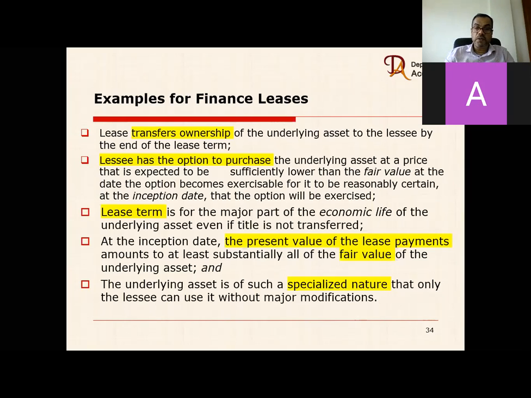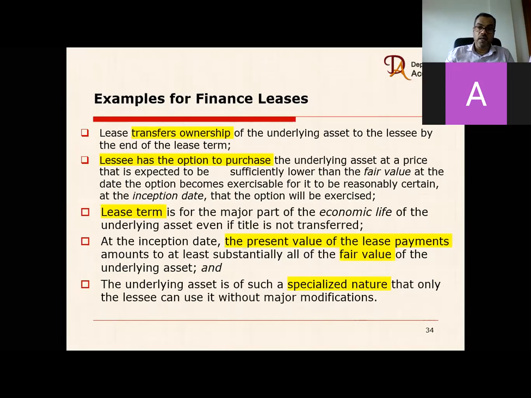Last point is special nature. This is very unique. There are some assets where we need not worry about other aspects. Just ask whether that particular asset can be used by any other person without a major modification. In the business world, we call these specific purpose machines. Suppose a warplane or a rocket propellant used by the military cannot be used by others unless having a major modification.